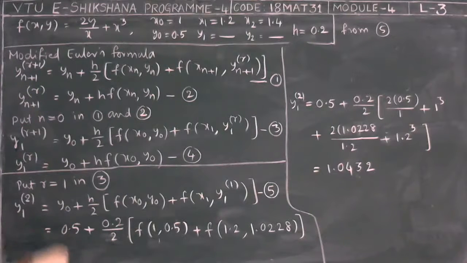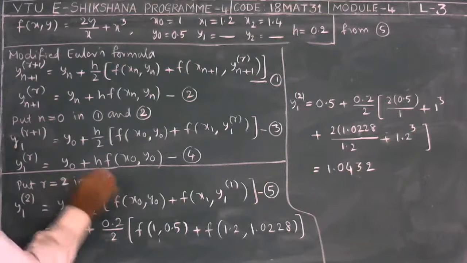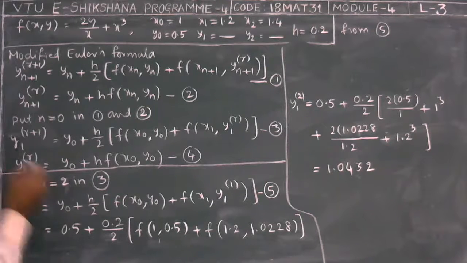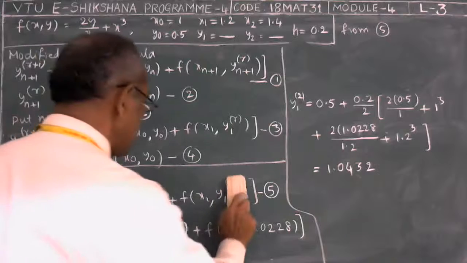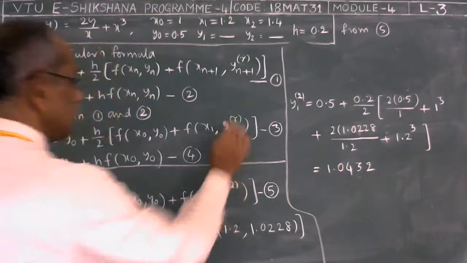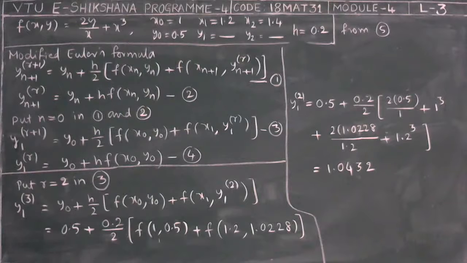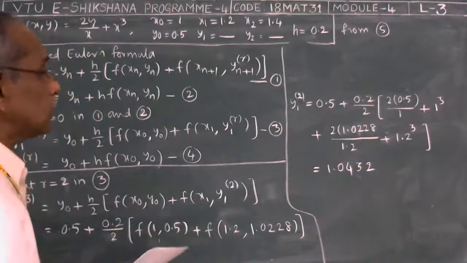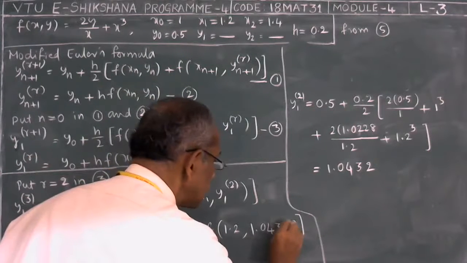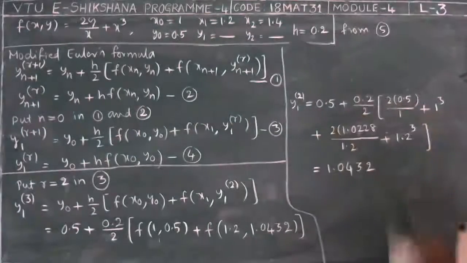So let me compute the third iteration. I have to replace only r by 2 in 3 to get y13. Everything is the same; when r is 2, x1, y12 is 1.0432. Now apply the definition.